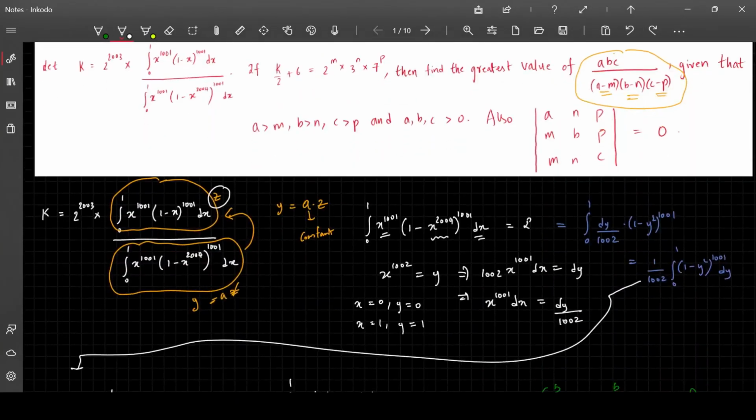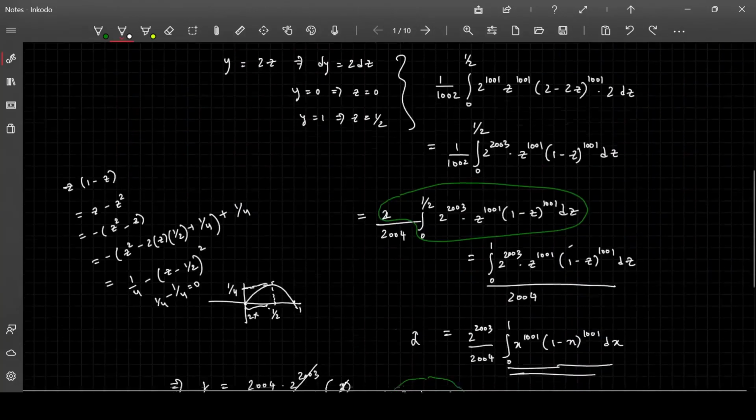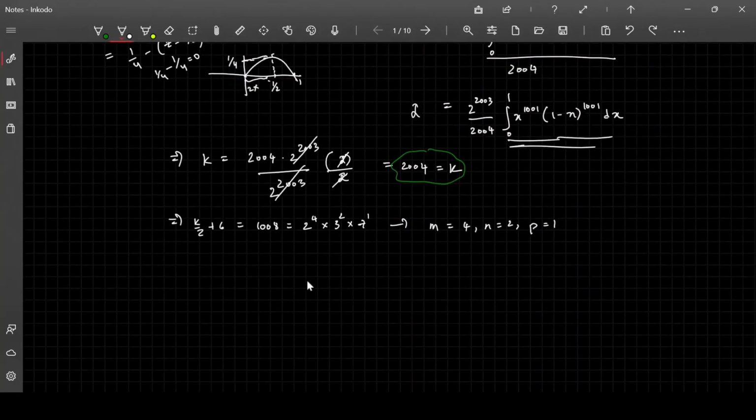Now we can find the value that we need to find, that is the greatest value of ABC divided by (A minus 4) into (B minus 2) into (C minus 1). So this is the value whose greatest value needs to be found out.